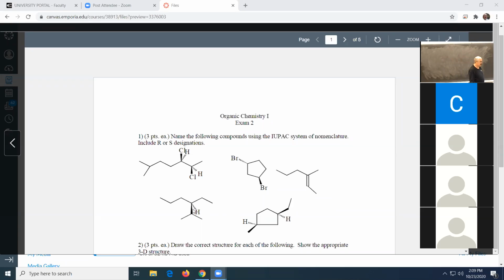All right, for this one, our longest chain is 1, 2, 3, 4, 5, 6. There's a couple of different ways you could name this. As it's written, that would be hexane. It would be 3-isopropyl hexane.